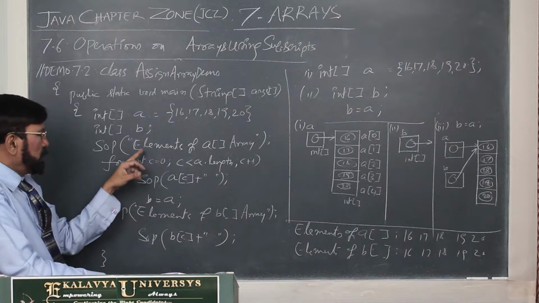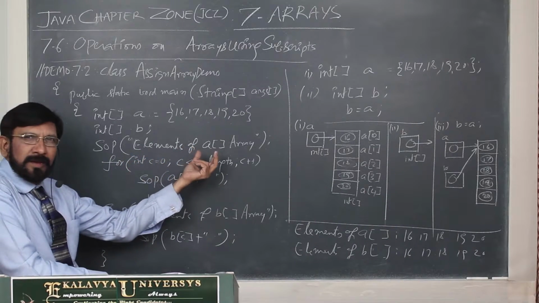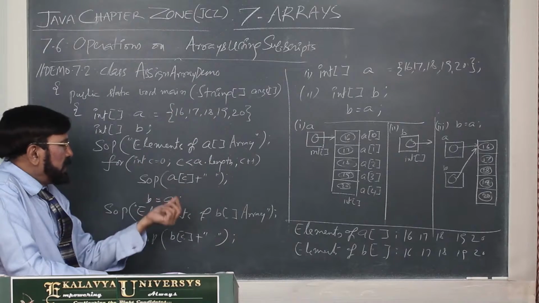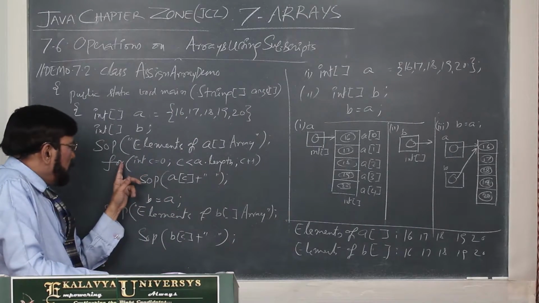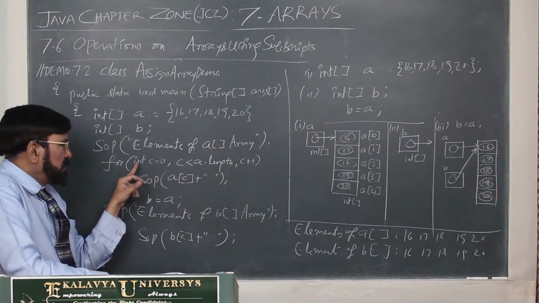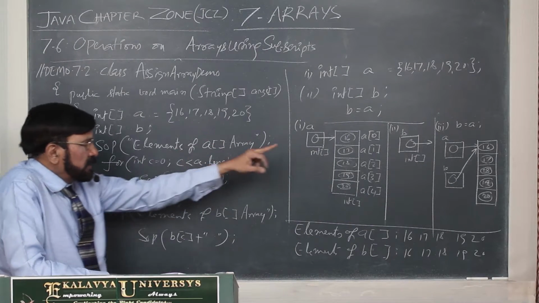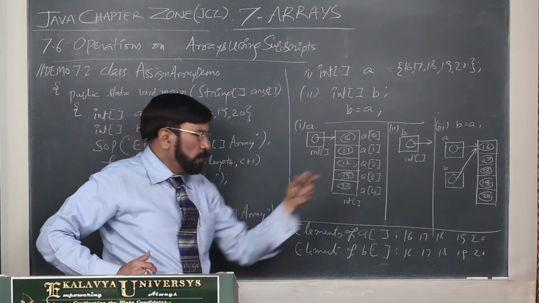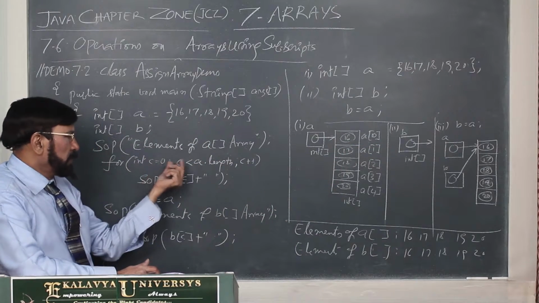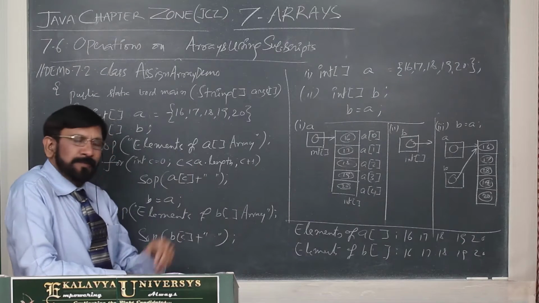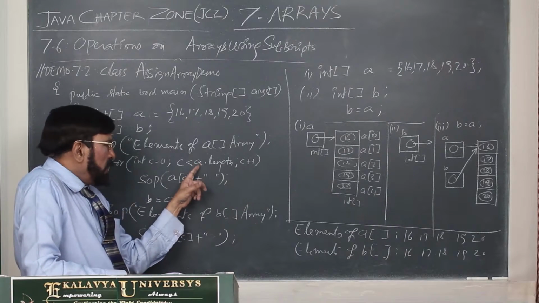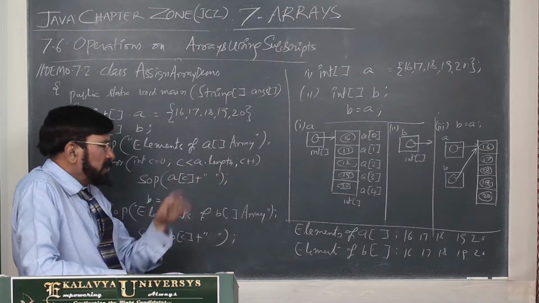Now what I am doing, I am writing the elements of A array. For that purpose for loop I have taken, and you see in that the first element's subscript is 0, C is equal to 0, and size we need not count and all that. For that purpose what we do, array name dot length.